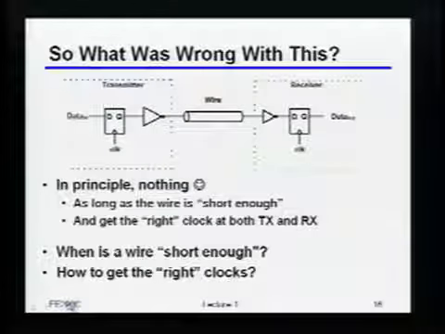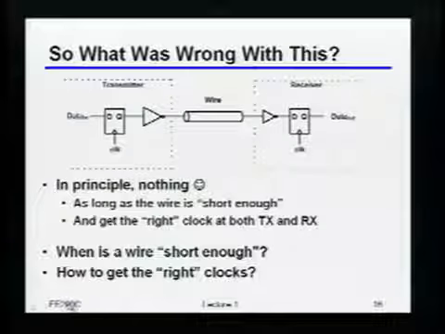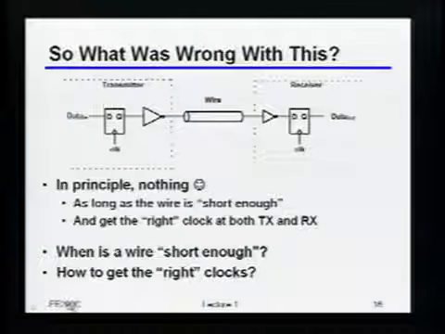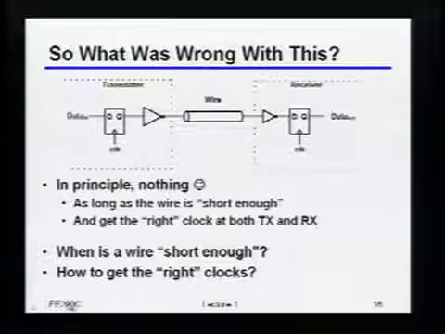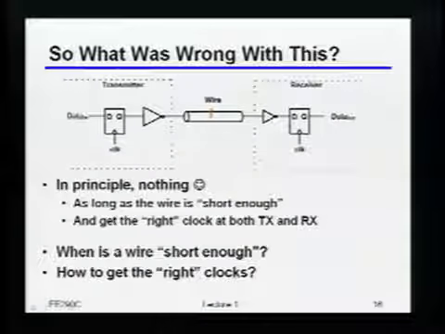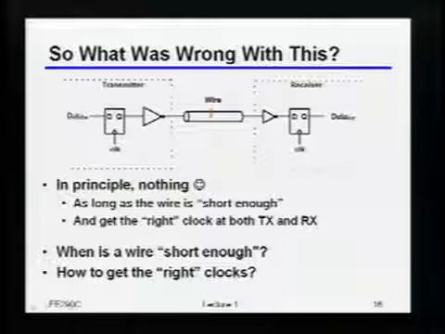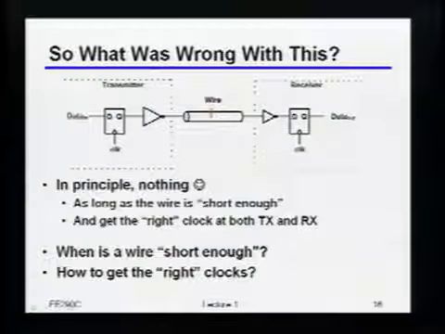Well, it turns out in principle, this really is a link. In principle, nothing is wrong with the picture I drew here. But there are some pretty important caveats. The first important caveat is that this only works as long as the wire is, quote-unquote, short enough. I'll say a bit more about what I mean by short enough in a second.